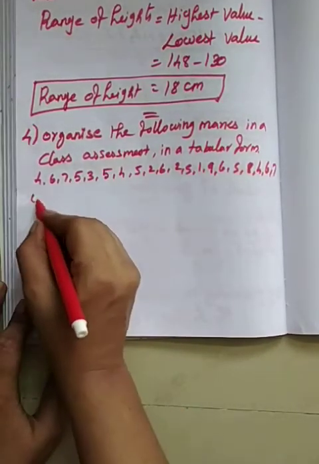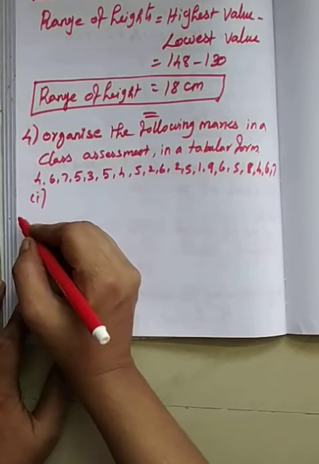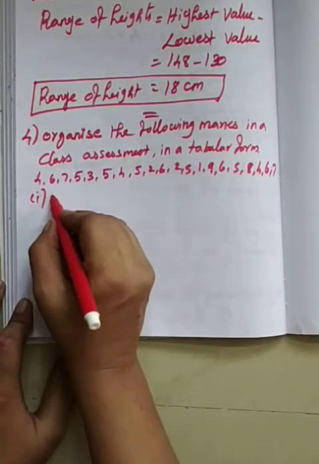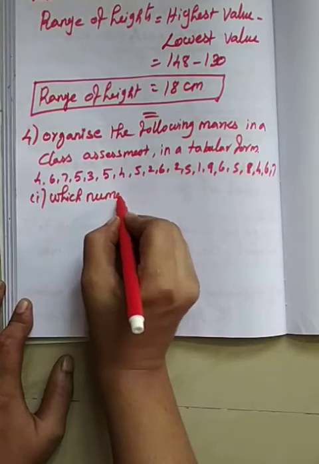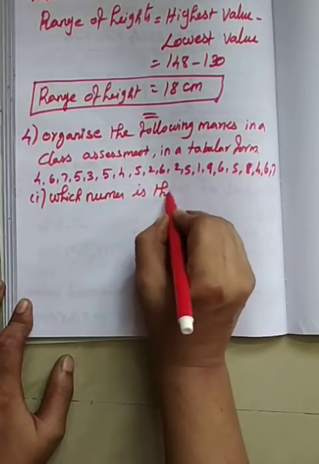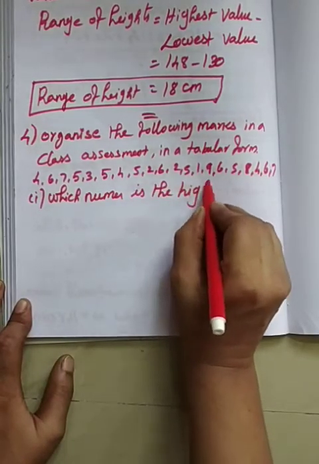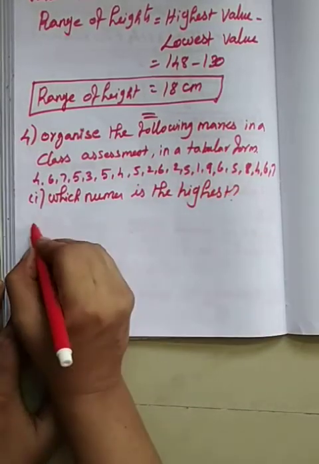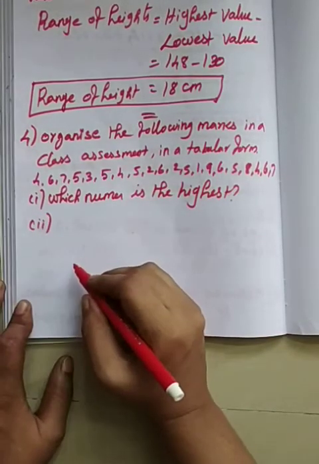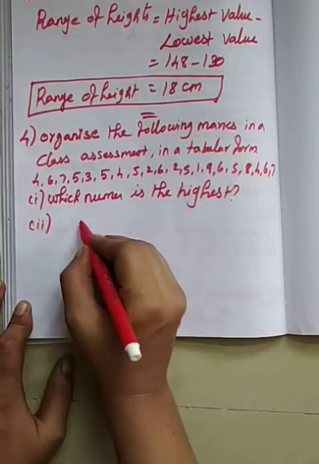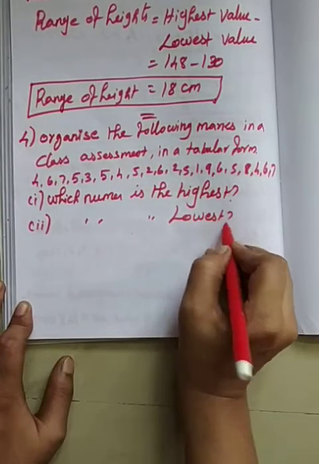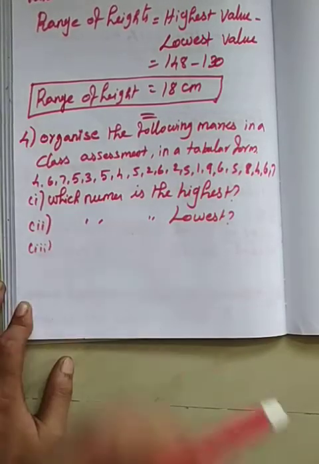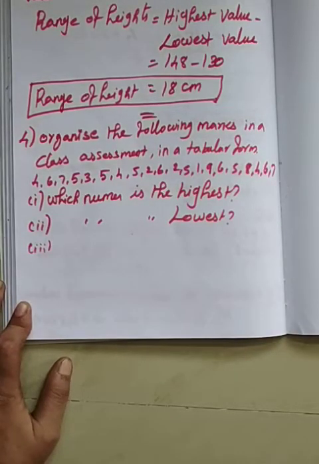Okay, now you have to find it out. See which number is the highest. See the second one, which number is the lowest. The third one, what is the range of the data?